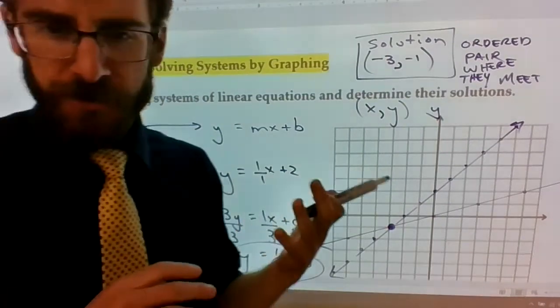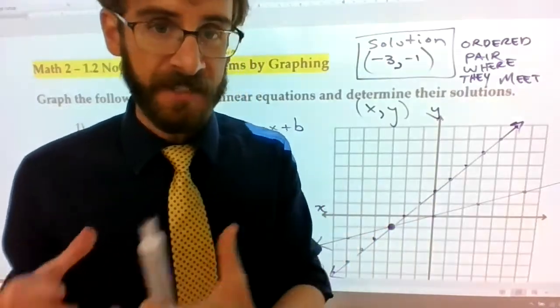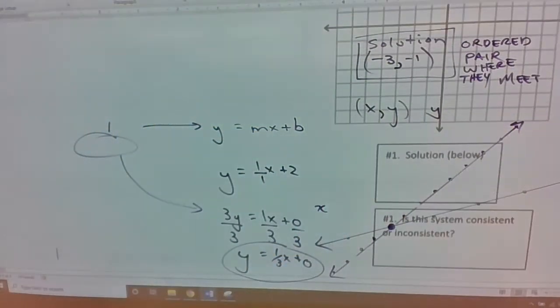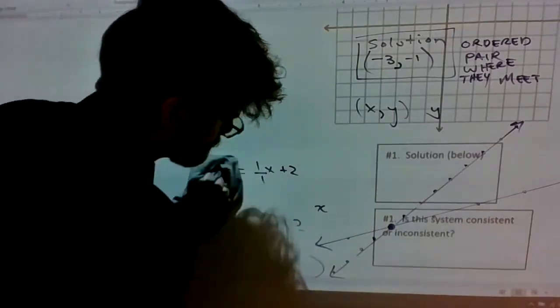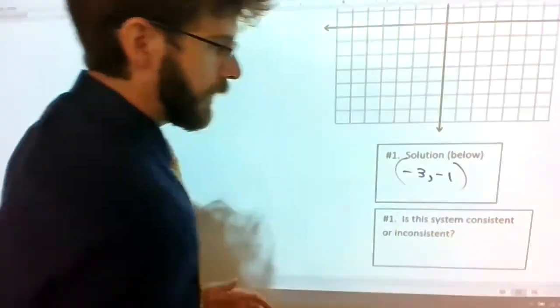There's also something that I talked about with this lesson called inconsistent versus consistent solutions. So negative 3, negative 1 is what goes in this box here.